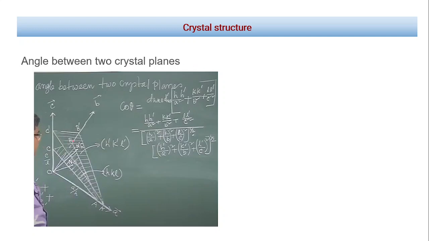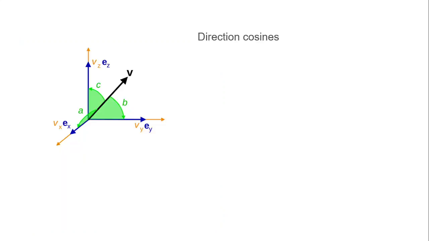As was in the lecture, if we have these two planes, then after doing some derivation, we can find out this relation. In case you didn't understand the beginning where the professor was talking about direction cosines, I just want to explain this.